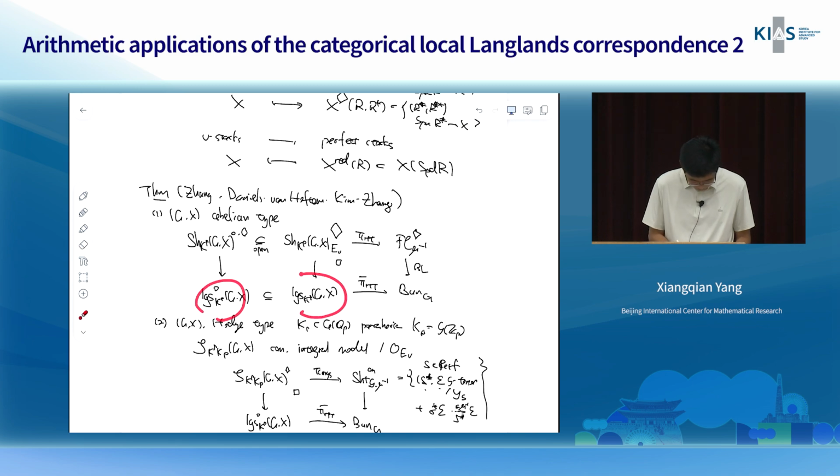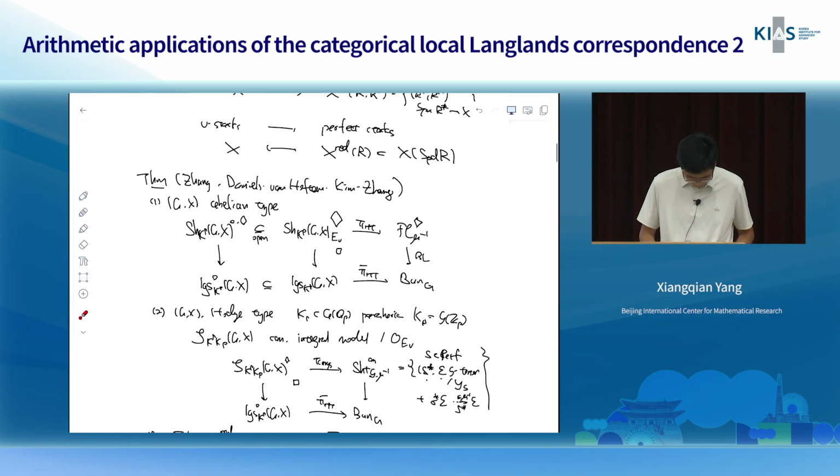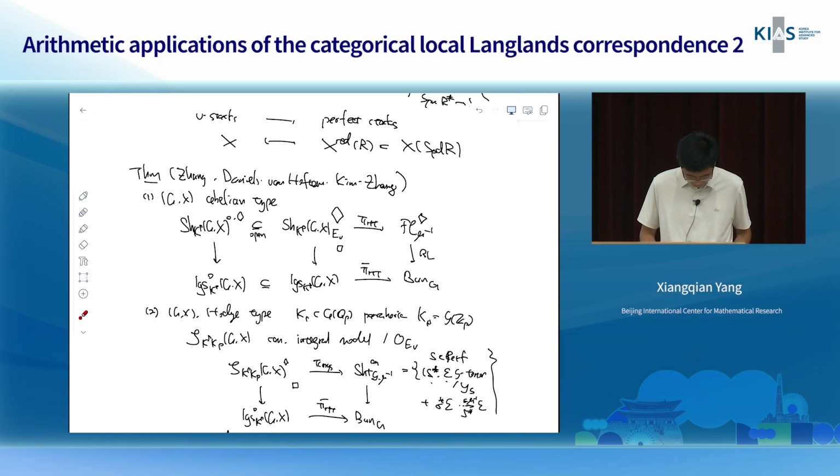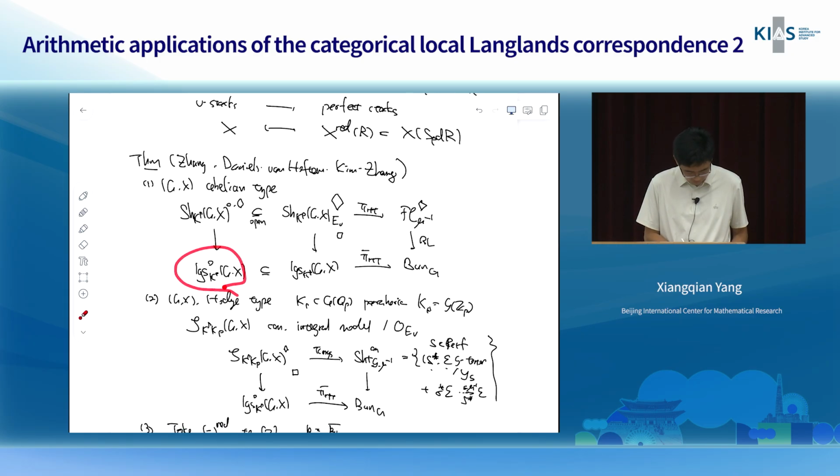And you can push forward from this to Bun G. You get Igusa sheaves, and I guess for the PEL type case, if you push forward from this big version, then it will also satisfy semi-perversity. It's only proved by Linus Hamann and Xing Li. But for this one, I guess it's only known for compact varieties.